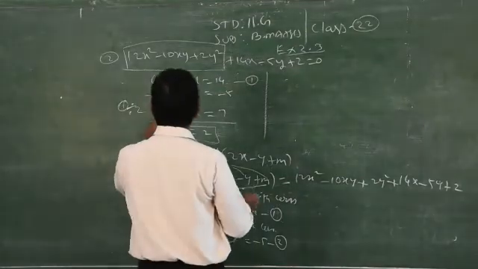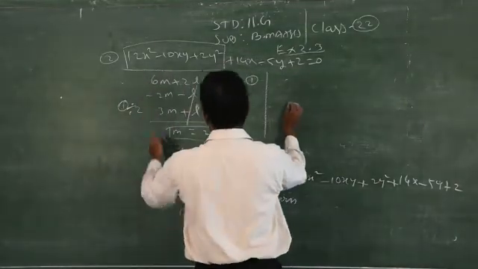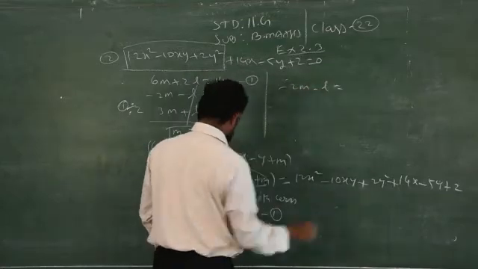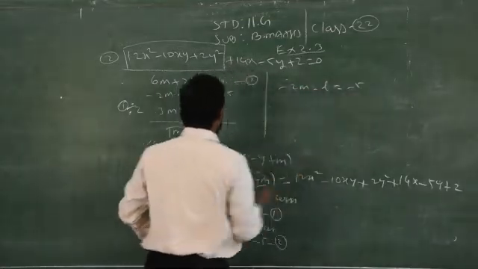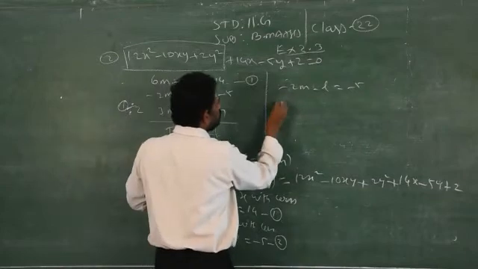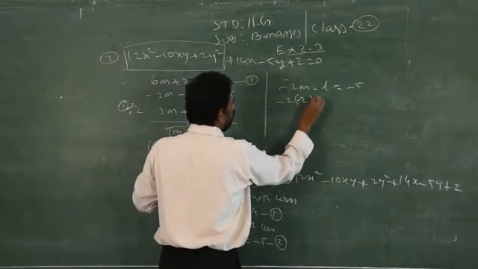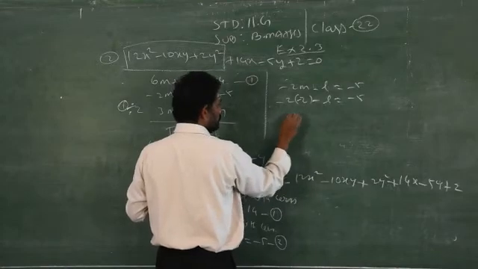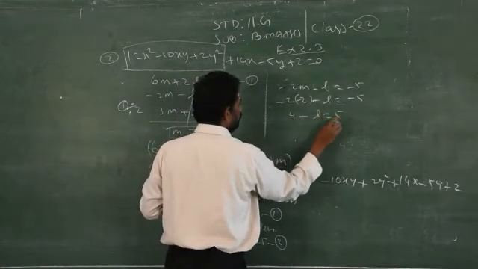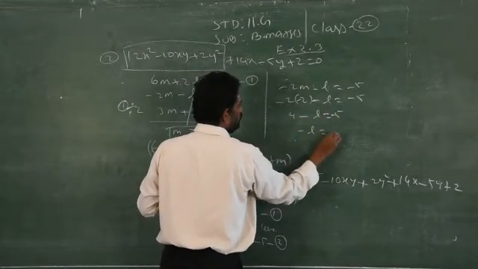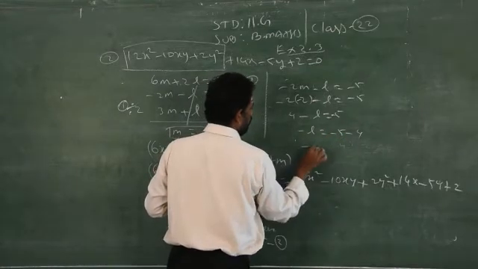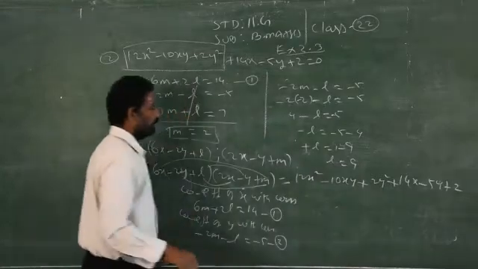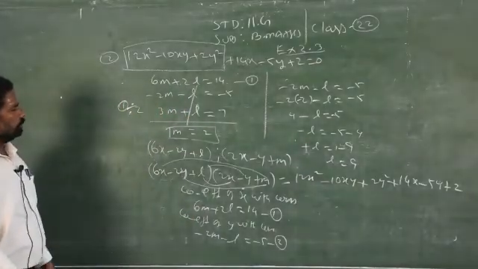So now I take any one of these 2 equations, minus 2m minus l is equal to minus 5. I am replacing m by minus 2, so plus 4, minus l is equal to minus 5. So minus l equal to minus 9, I will get l is equal to 9.